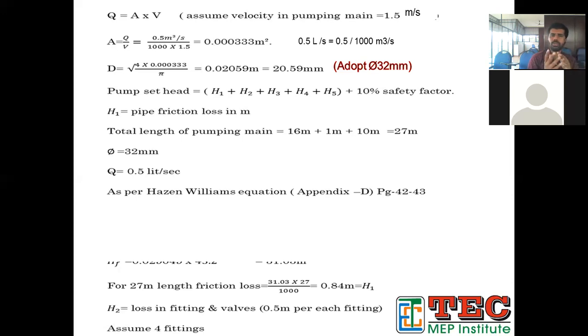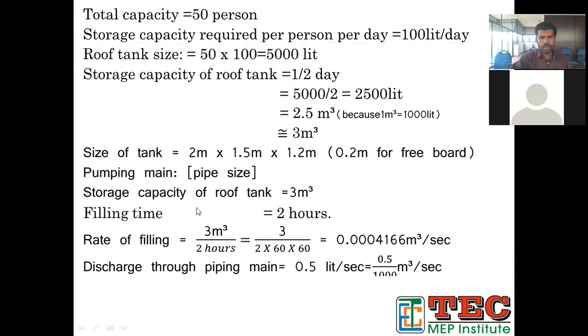V also we know it is 1.5. Area you can find by the help of pi by 4 d square. From that you found D, the diameter of the pipe. When you calculate, you got 20.59, or as a practical way, you can choose 25 or 32.